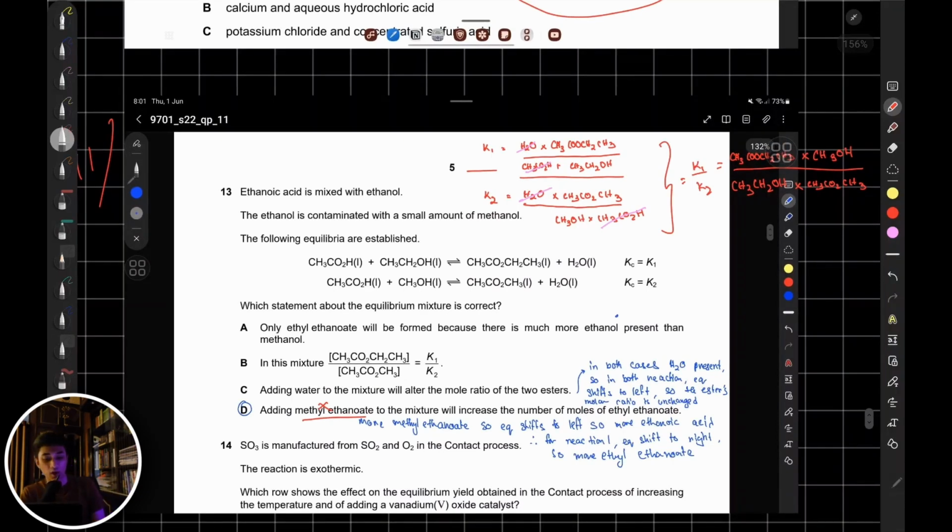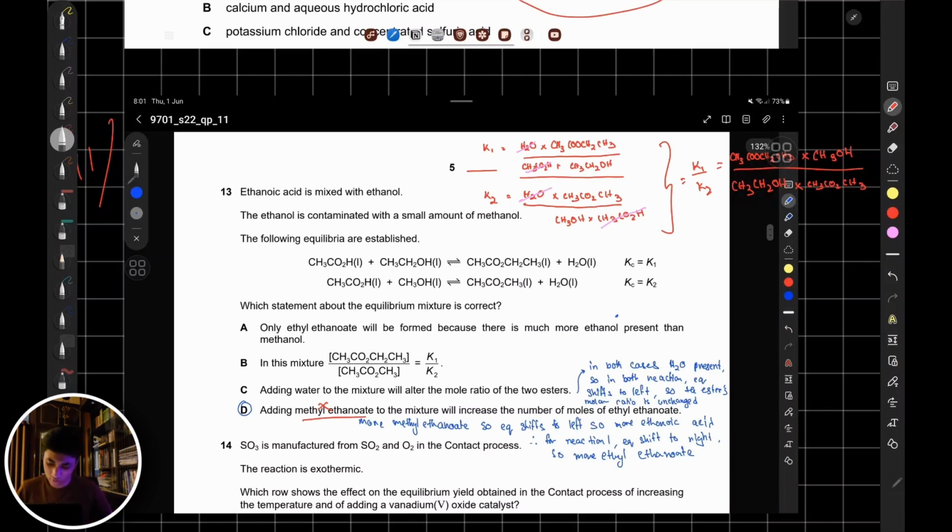Question 41. Ethanoic acid is mixed with ethanol. The ethanol is contaminated with a small amount of methanol. The following equilibria are established, where ethanoic acid reacts with ethanol, producing ethyl ethanoate and water.